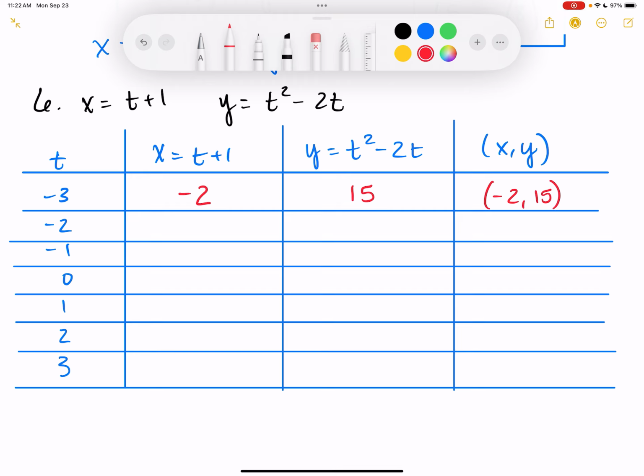When I plug in -2 for t and x, what do I get? -1. What about when I plug in for y?